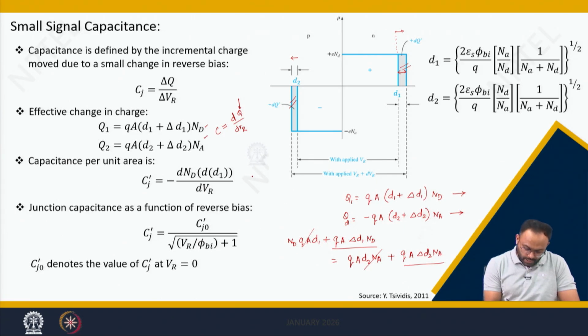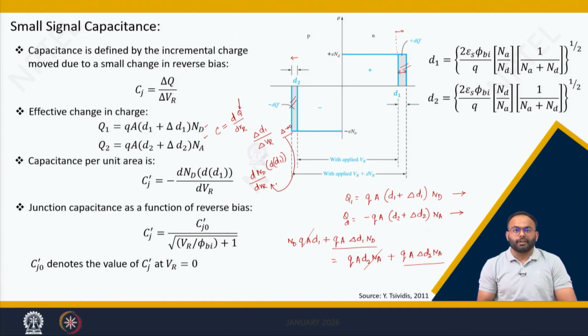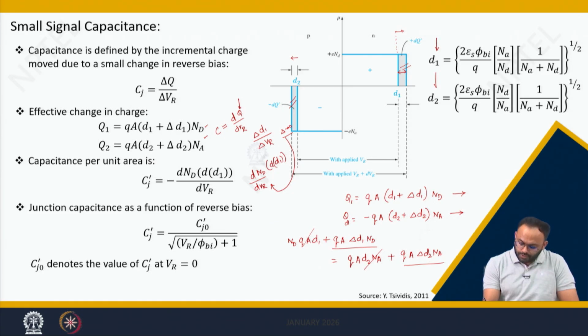So, you can simply write d of q1 divided by dVr, which is ND into the change d of d1, a very small change in d1 per small change in Vr, considering that this small change approaches 0. So, we can simply replace it with a derivative. Following this, we know how the depletion region thickness at each side is related to the voltages.